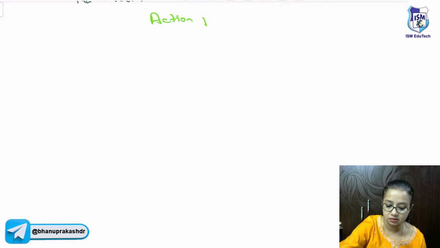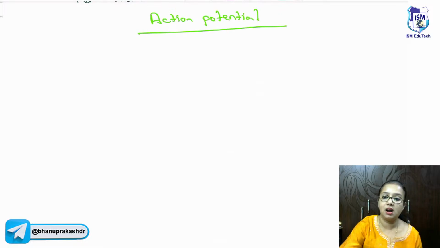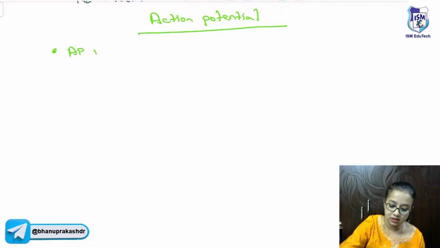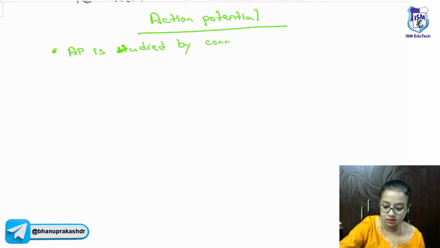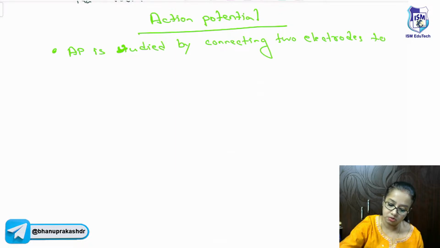action potential. Now, how is an action potential studied? Action potential is studied by connecting two electrodes to a big axon.